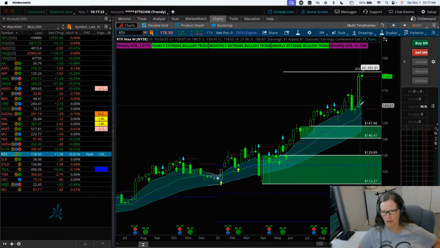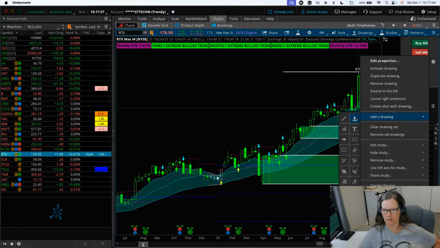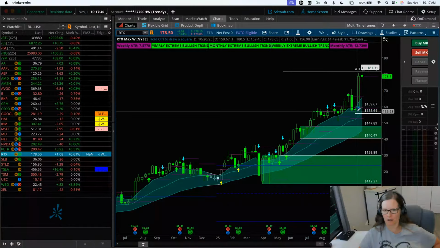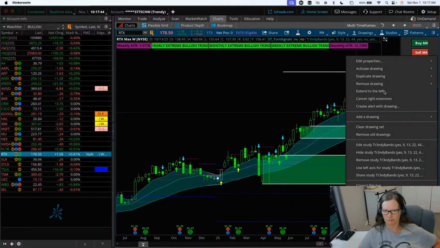Here's your inside and up. That's gorgeous, by the way. You also have one right here, though. Now it goes all the way back there, but I don't want to have $20 of risk on RTX. So I'm just going to use this zone right here. That's going to give me $5, $4 of risk.